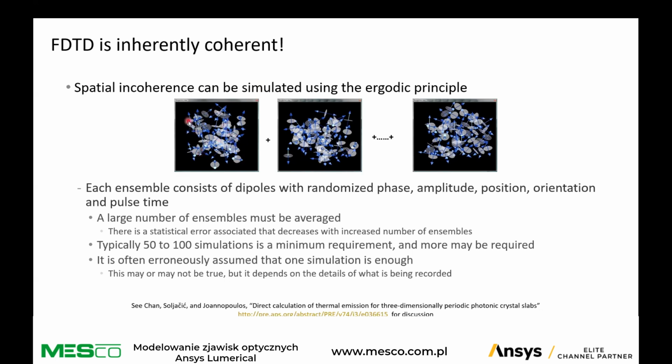Then we run multiple simulations, each with a different distribution of sources, and combine these distributions. The problem is that first we need a large number of sources, but also we need a large number of simulations, because we have to repeat that to reduce the statistical error associated with this method.